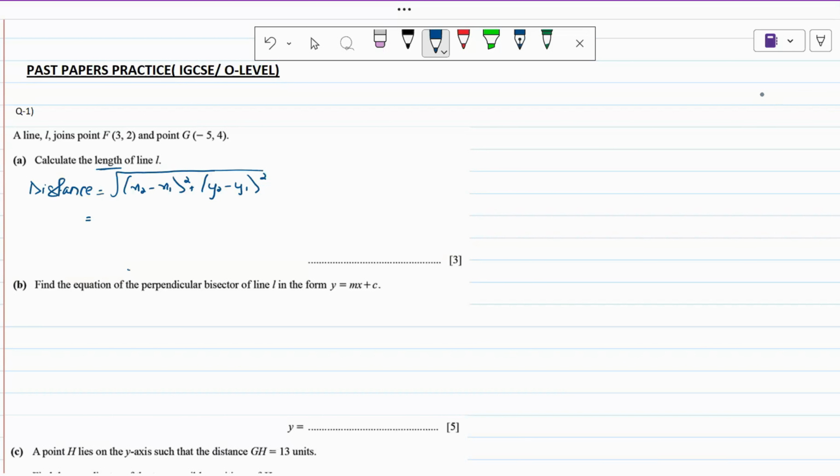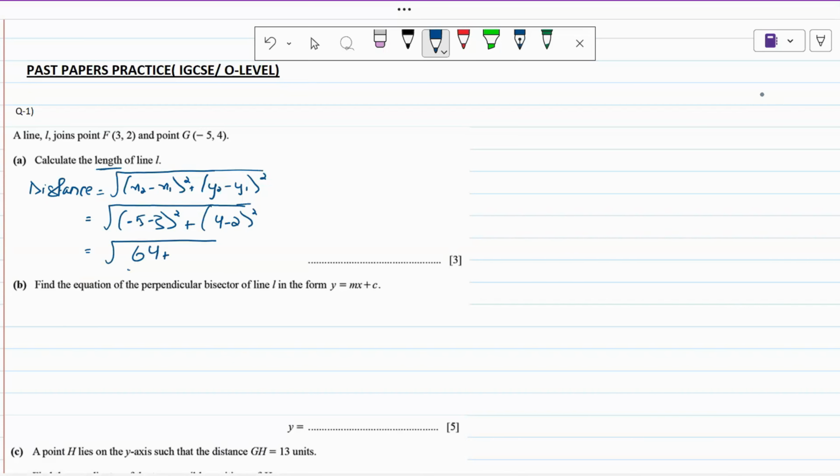We have the coordinates here: x2 we can take as -5 and x1 as 3. It would be (-5 minus 3) whole squared, and y2 minus y1 would be (4 minus 2) whole squared. Simplifying further, -5 minus 3 is -8, and -8 squared is 64.